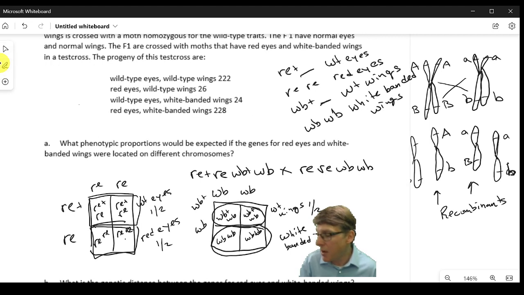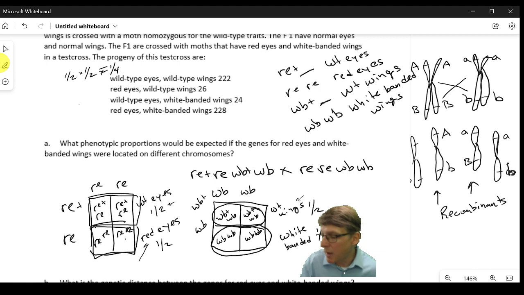For wild-type eyes, that's what we have right here, we have a 1/2 chance. For wild-type wings, we have a 1/2 chance, which gives us a 1/4 chance of getting wild-type eyes and wild-type wings.